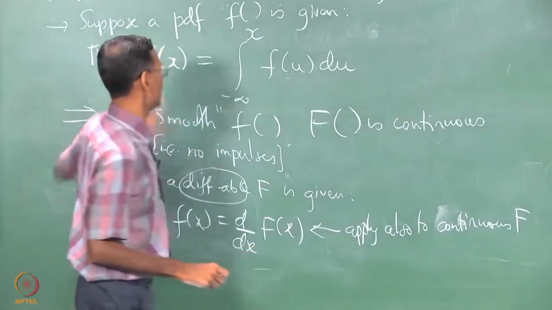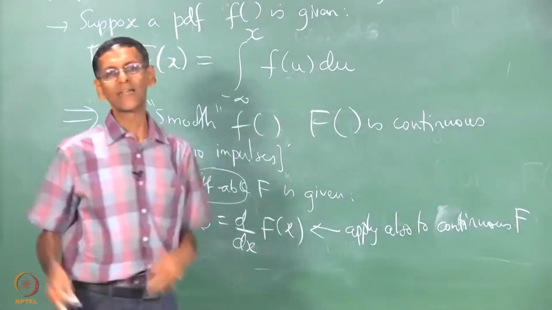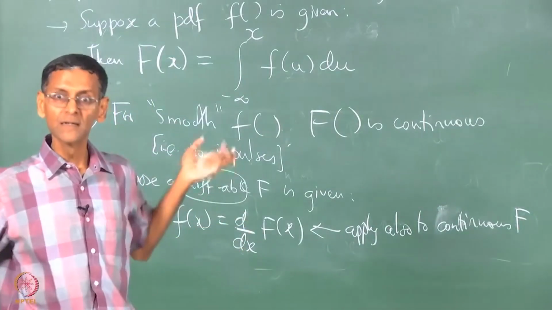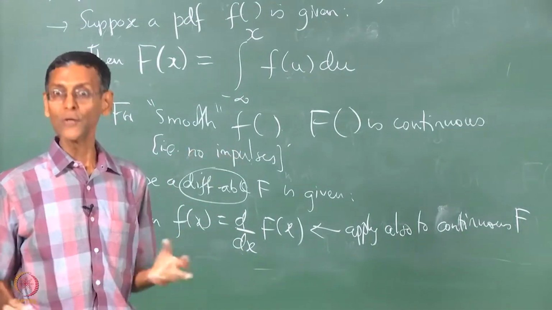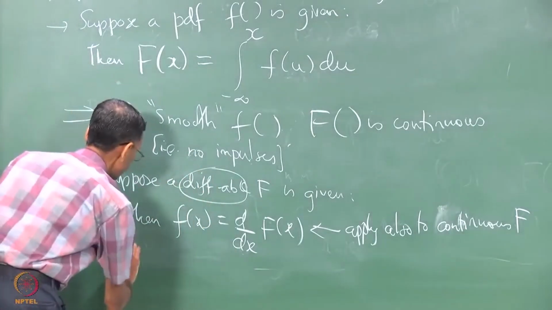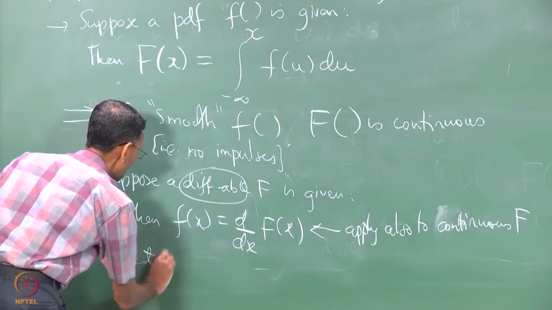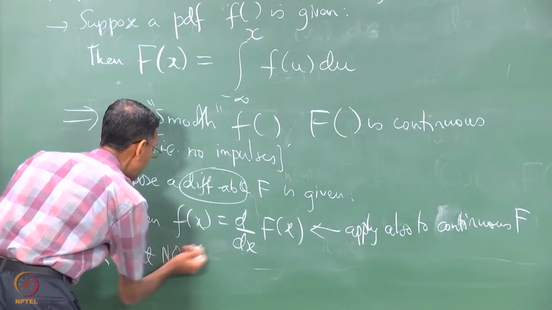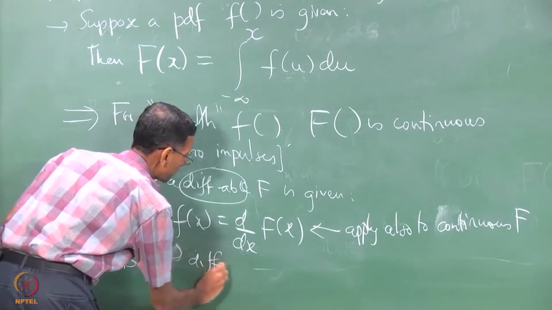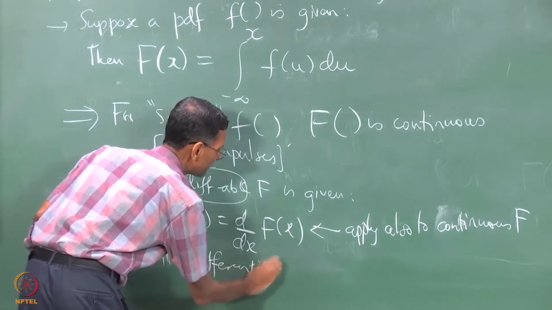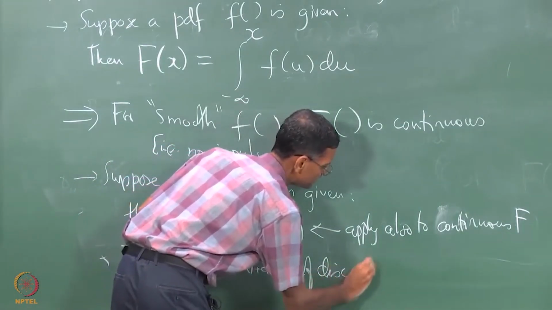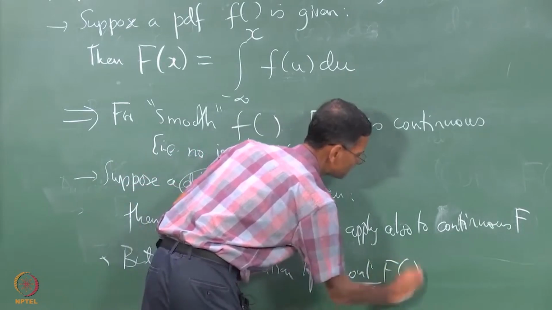So you get kinks in capital F, which is fine, we do not have any problem, but jumps in capital F cannot be differentiated. We will not attempt to differentiate discontinuous CDFs. No differentiation of those in this course.